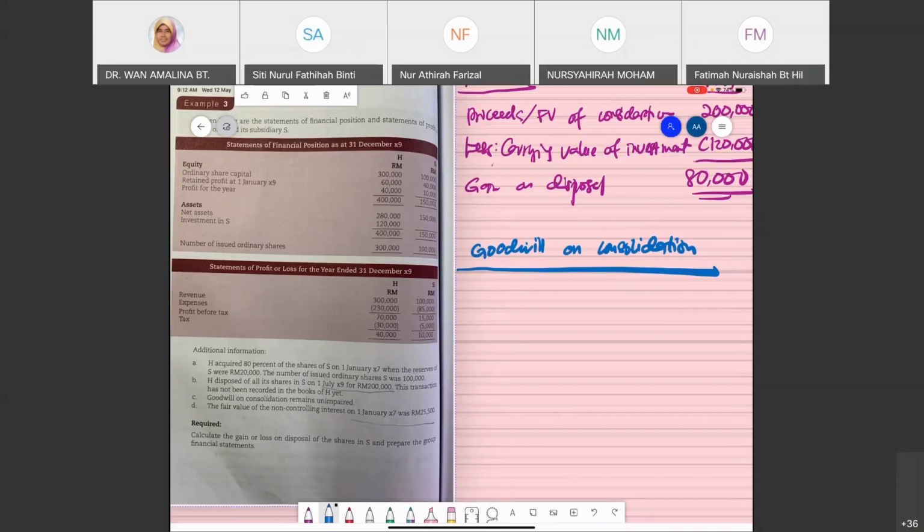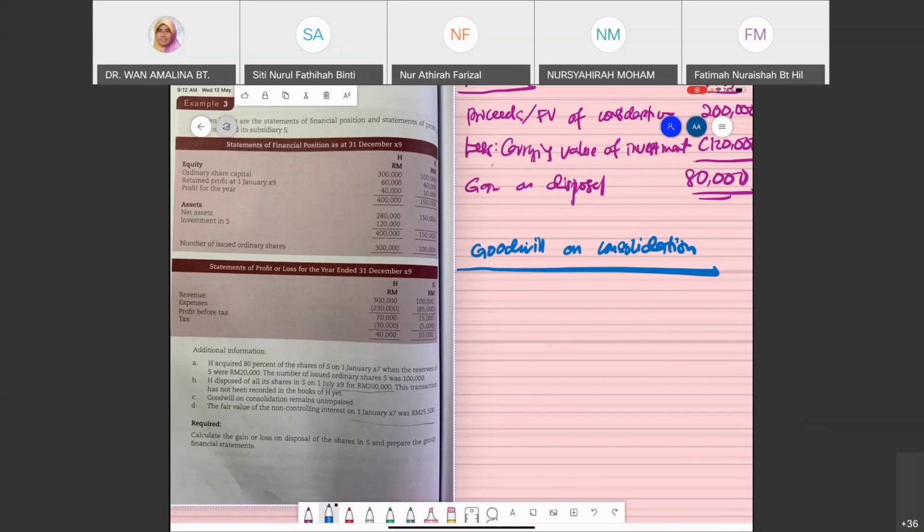Okay. For example, H acquired 800,000 of the 1,000,000 issued ordinary shares of S on 1st January X4. So berapa persen parent hold tu? 80% kan? So 80%. The parent's goodwill on consolidation was 200,000.